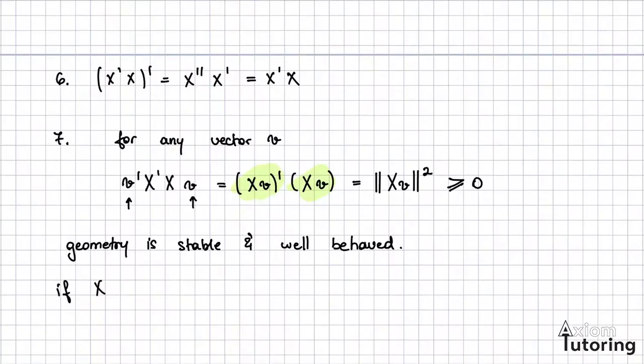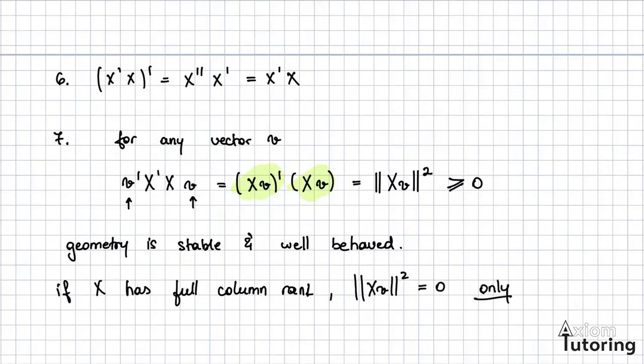Let me just write that down because it's quite important. If X has full column rank, then this Xv squared is going to be 0 only when v is actually equal to 0.